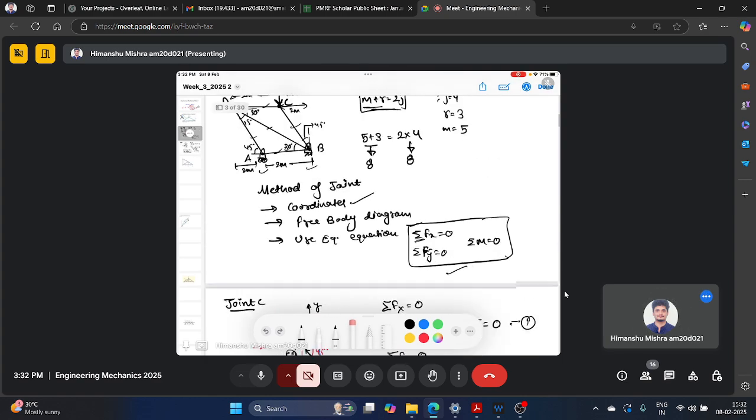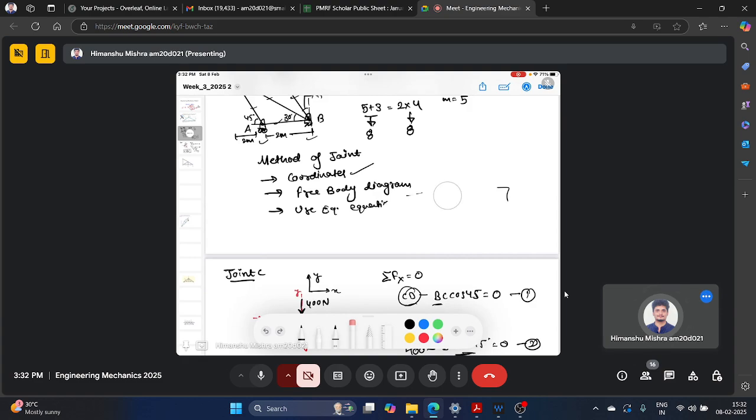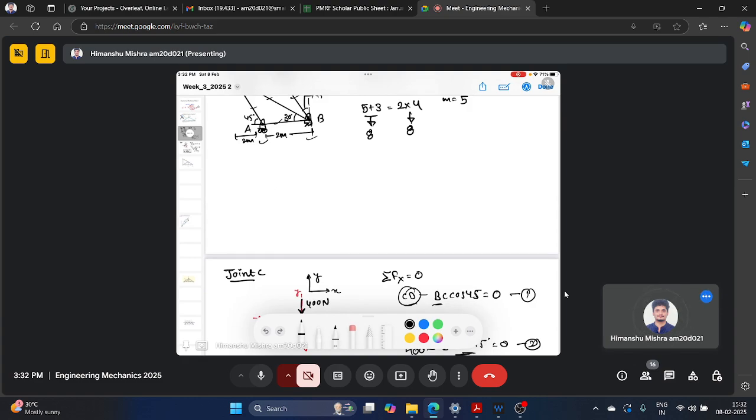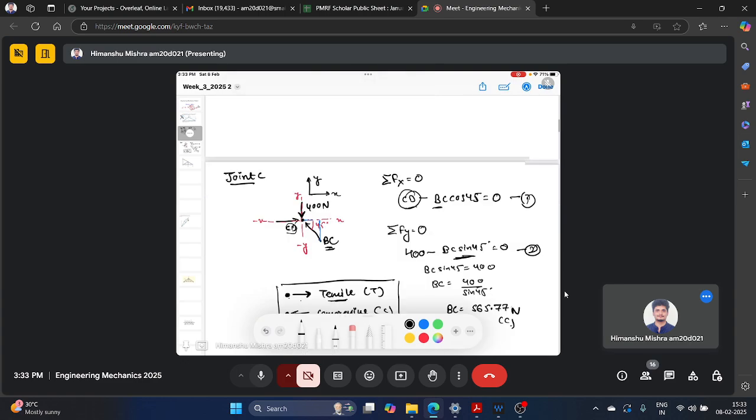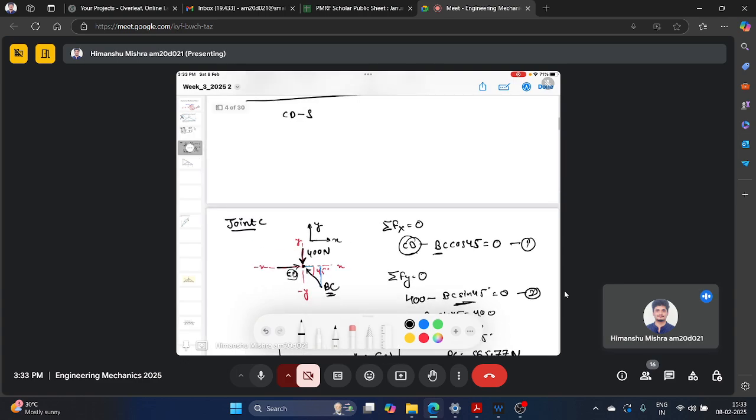We will be using equation 1 to get the force in member CD. So it will be CD minus 565.7 cos 45 equals 0. So this will be CD.